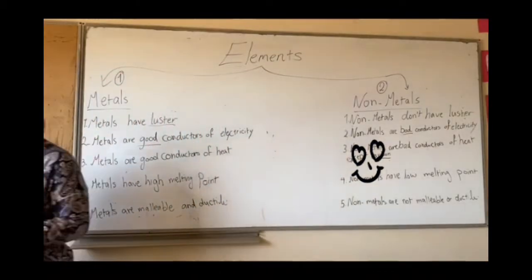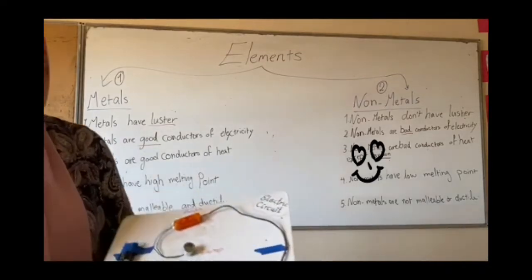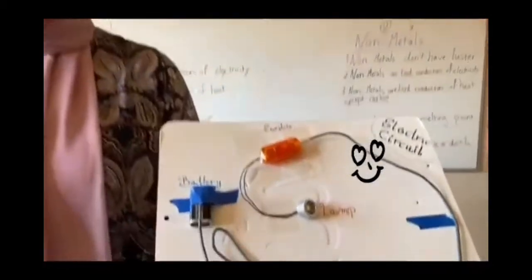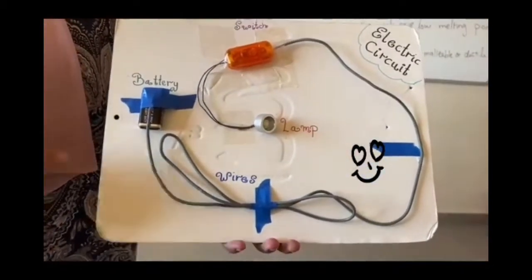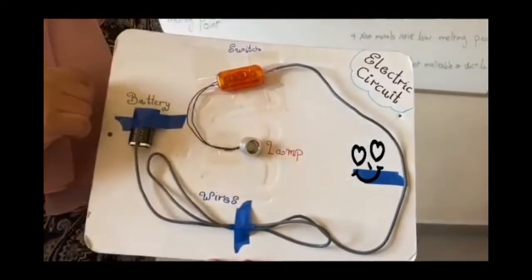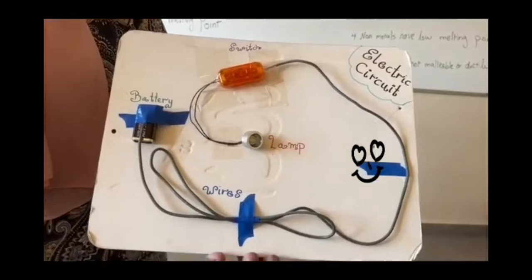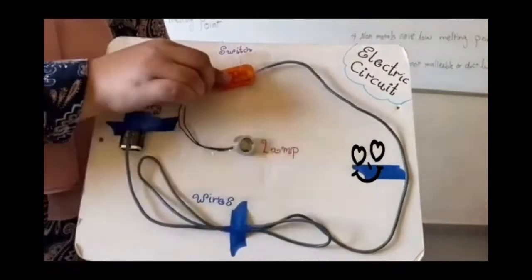We have an activity to prove that metals are good conductors of electricity. There is an electric circuit that contains electric wires, a battery, a small lamp, and a switch.